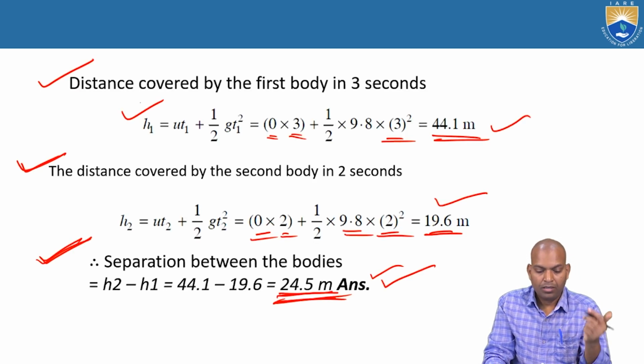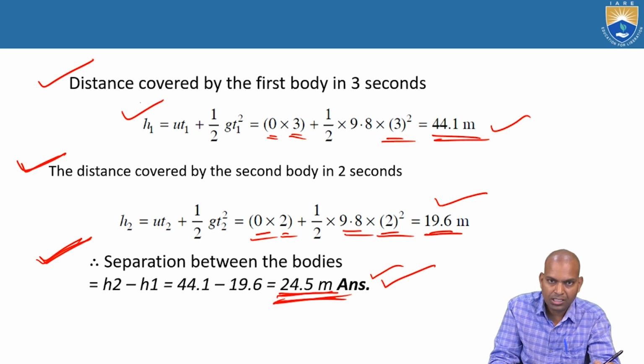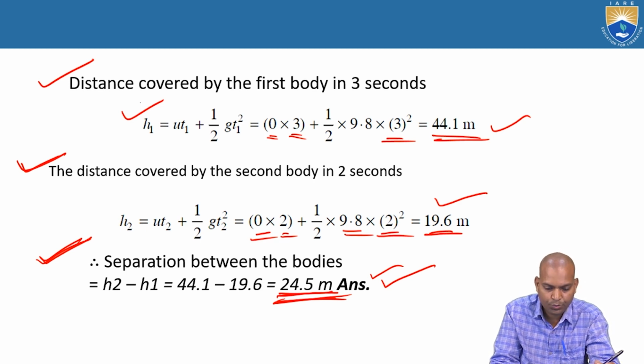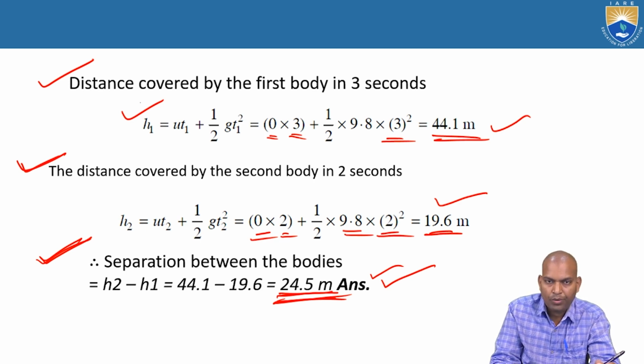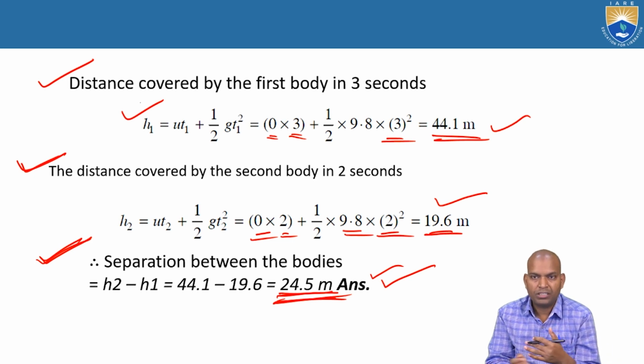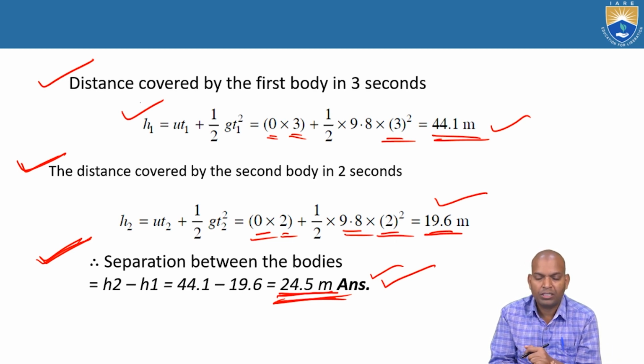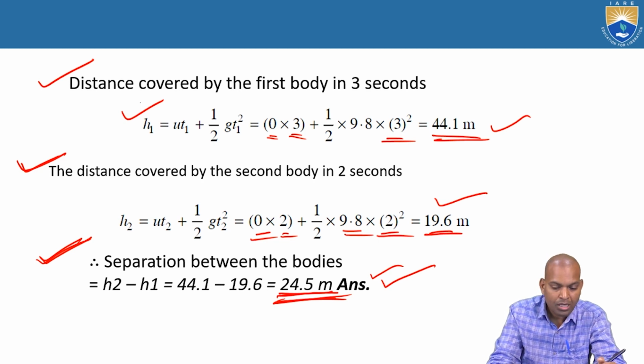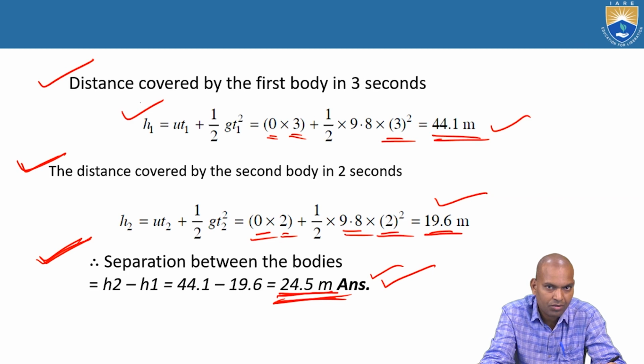Now, what are the things we covered in this session? There were various problems we covered: the distance, separation between the bodies, time related problems, and also horizontal range, time of flight, and maximum height reached by the body. In all these problems, the common principle is only one thing. What is that one thing?